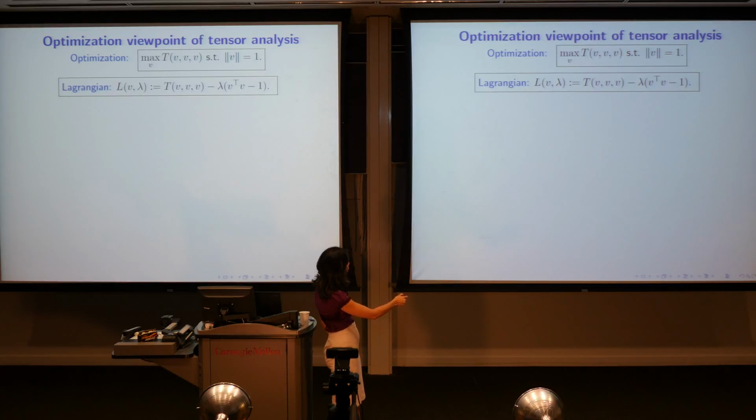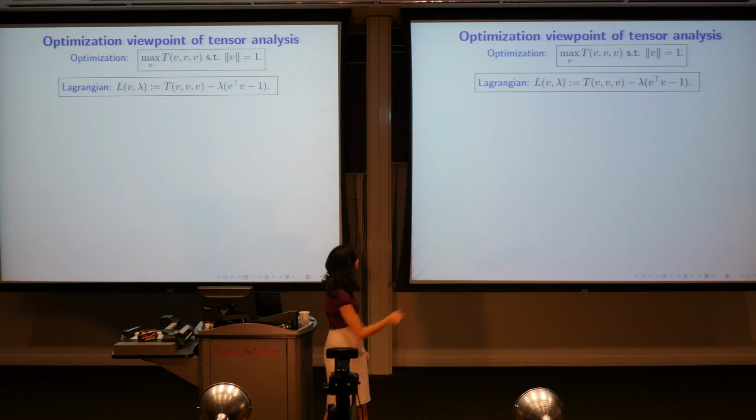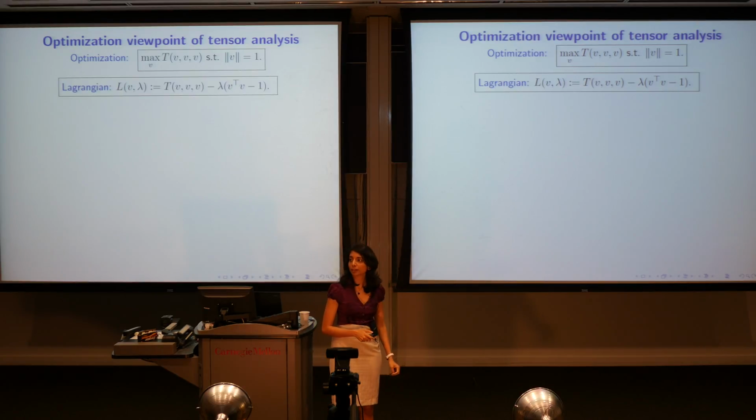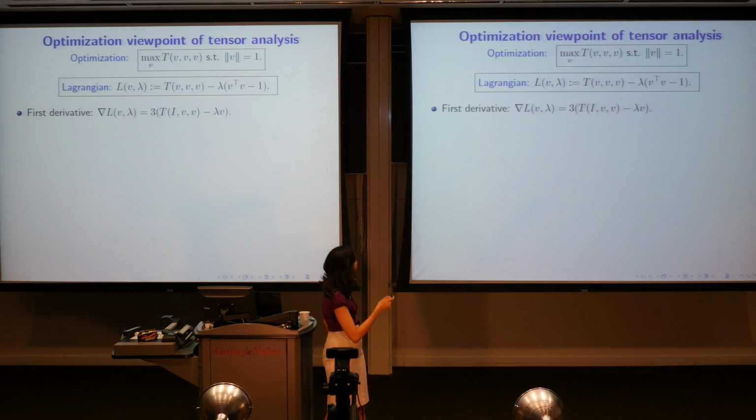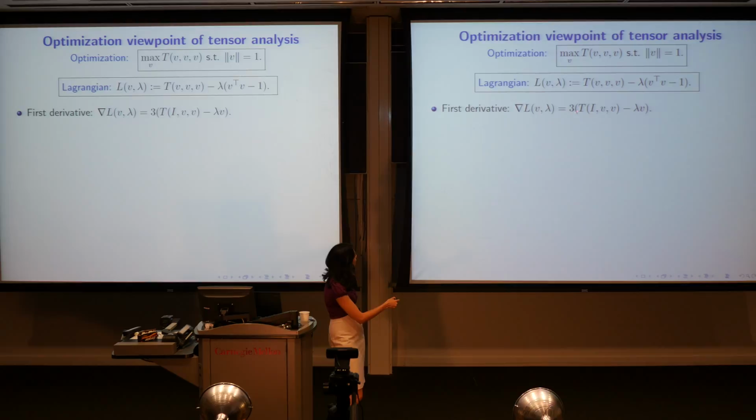This is the cubic form here, and I still have the constraint that I want to optimize this cubic form over all vectors with norm 1. So it's very analogous to the matrix case. I have the Lagrangian. I do the first derivative. I think I needed a factor here.